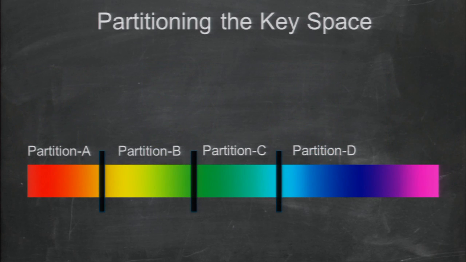So here's how S3 does its partitioning. I show this rainbow here to represent your key space, the things that start at A or however you're naming them, on the left in red and going through to the purple.